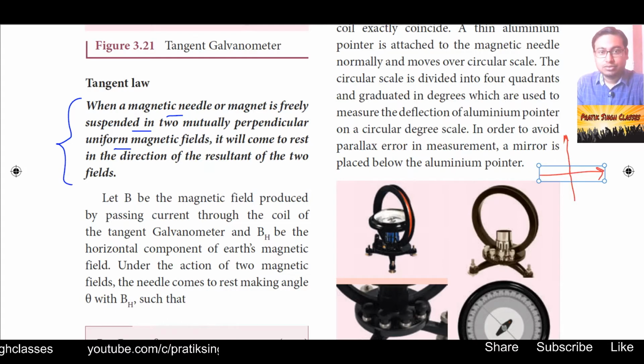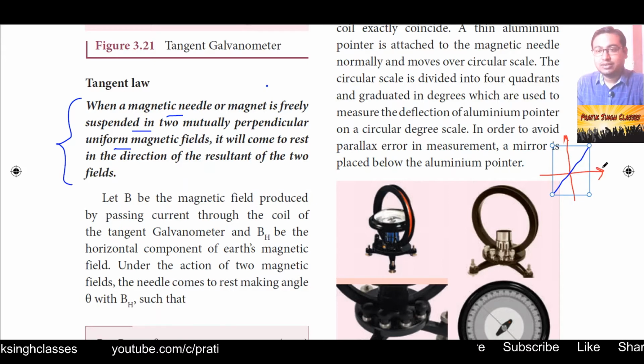If we keep a magnet just at the center of the line crossing the magnetic fields, then it will lie in the direction of the resultant of this magnetic field and this magnetic field, if this is a bar magnet. So this is called tangent law. Now you have no doubt in this.